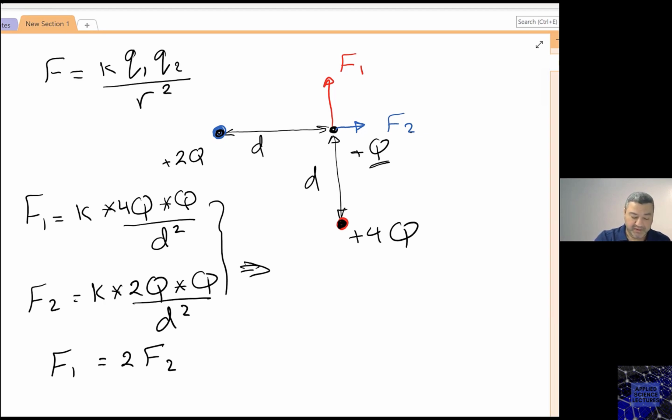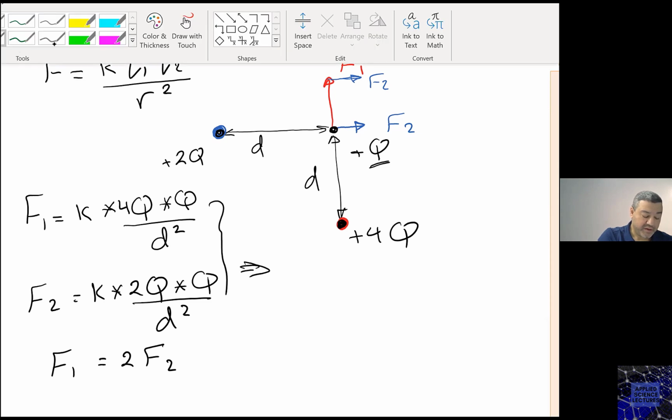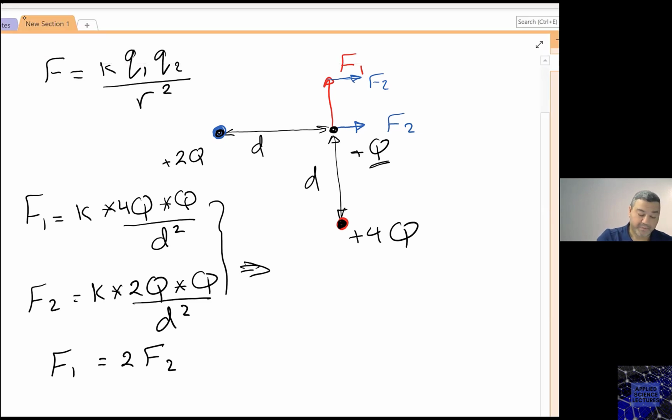In this case, if I want now to calculate the angle, so this is F2, and now my total force, my net force, is going to be this one.